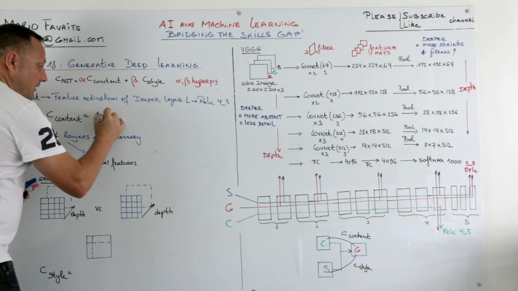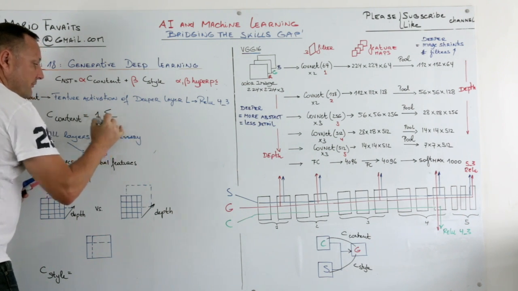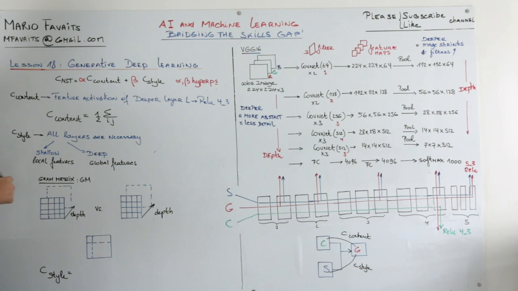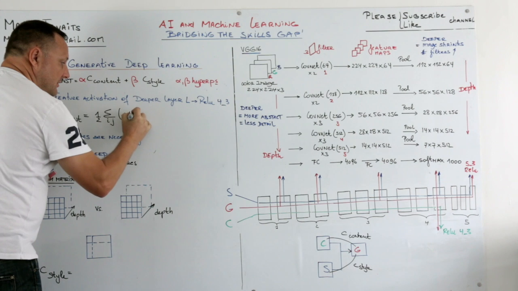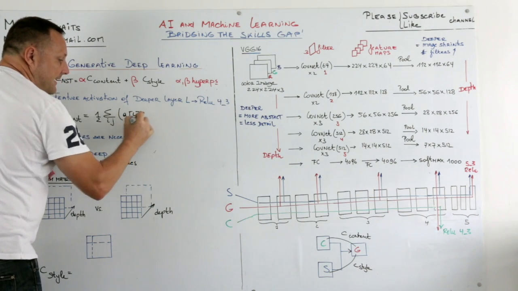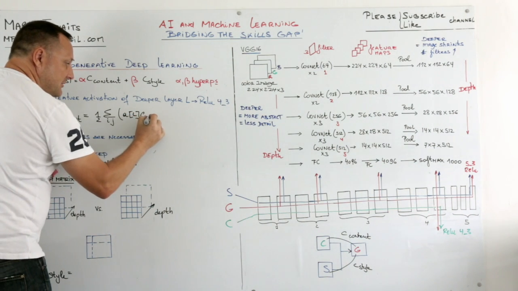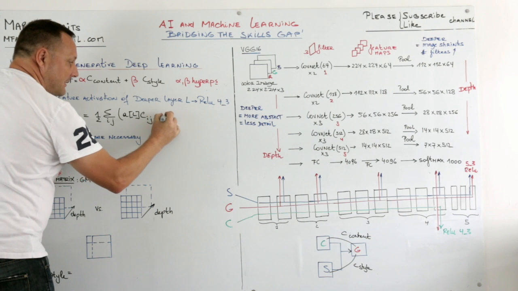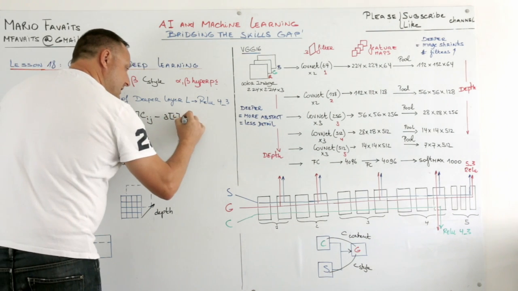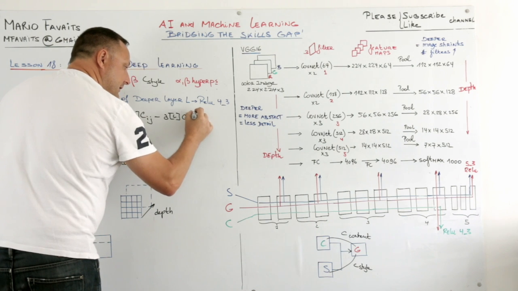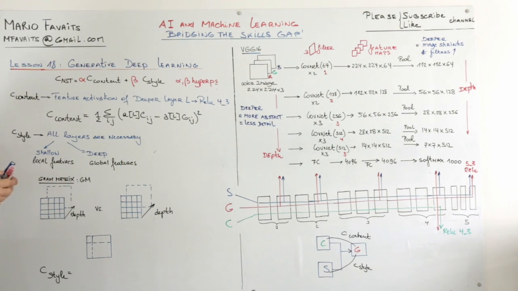So it's half of the sum over i and j of the activation of layer L of the content image ij minus the activation of layer L of the generated image ij. And this we're going to square. Alright, so that's mean squared error. Not very difficult to understand.